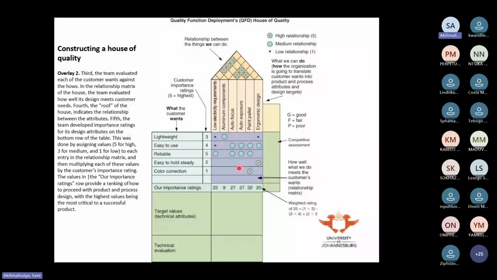You don't have the numbers in the relationship matrix or in the row here. I'm going to show you how we're going to make use of these numbers between brackets.